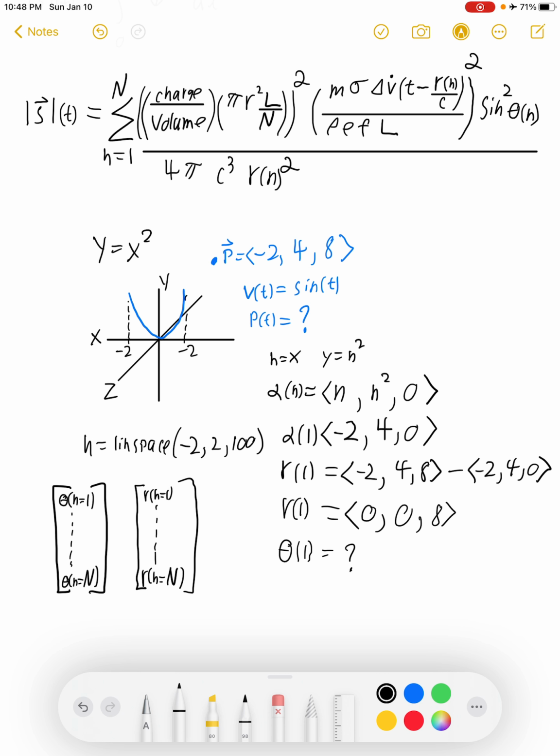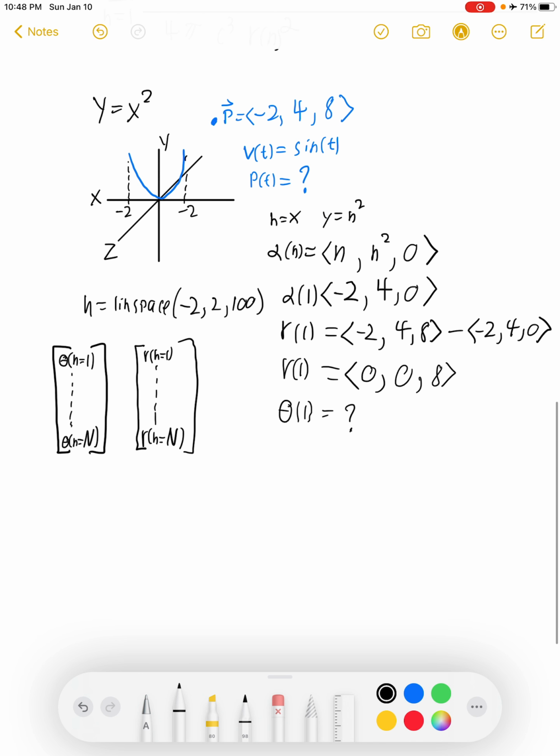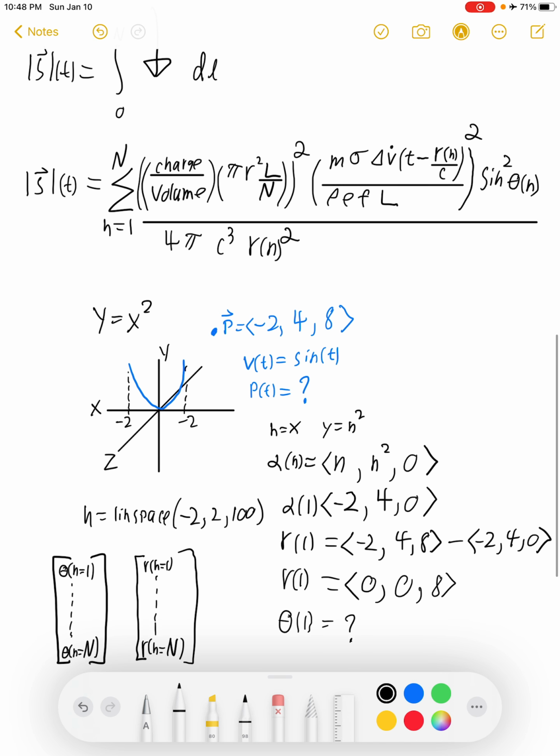Now we have theta of t, say theta of t equals 1. We would do all this. Oh, also, if v of t equals sine of t, then v dot of t is going to be equal to cosine of t. So plug that in up top.